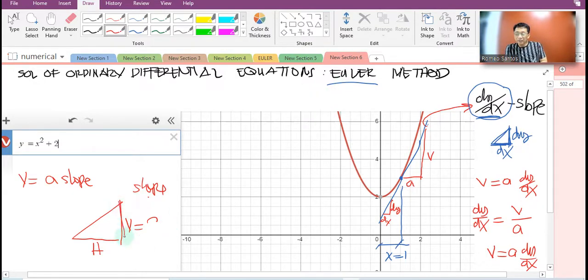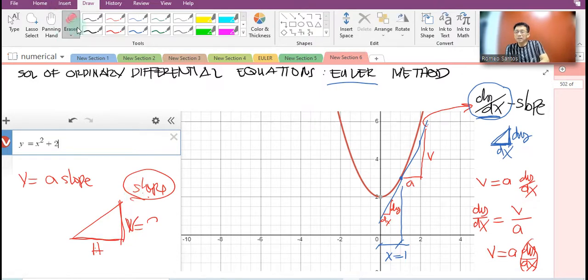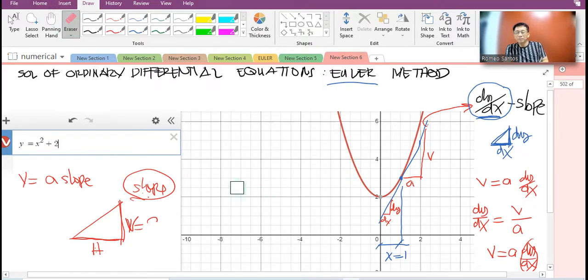The vertical distance can be determined by multiplying the slope or the derivative times the horizontal distance. So remember, to get the vertical distance, all you have to do is multiply the slope and the horizontal distance. So let us now study the Euler method. How does the Euler method work?